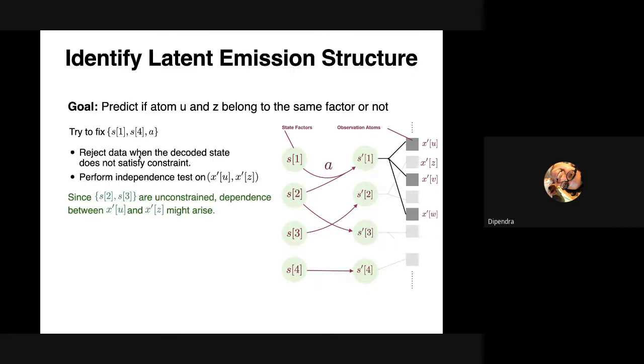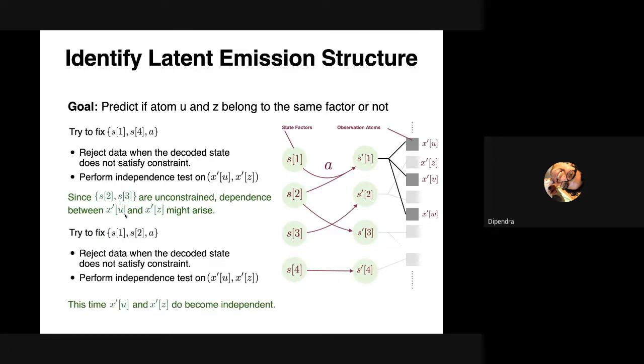We will reject the data when the decoder says that we have not reached this configuration. Then we will use the data where we collect the X prime, and perform an independence test on the pair of atoms. Now, in this case, S1 and S4 are fixed, but S2 and S3 are unconstrained, which means that some non-trivial dependence may leak in between S prime 1 and S prime 2, and therefore between X prime U and X prime Z. So these can be dependent, and our answer could be that they are dependent.